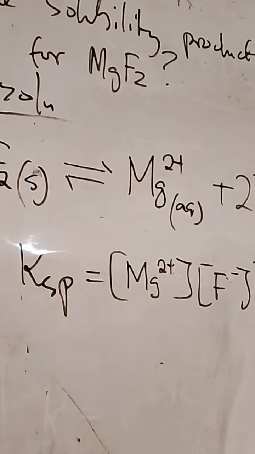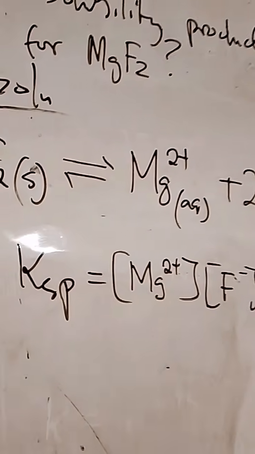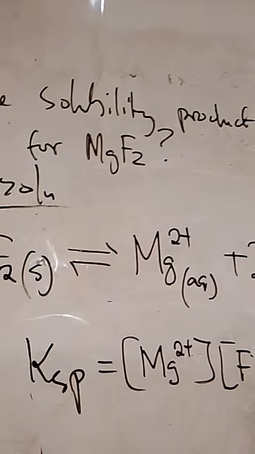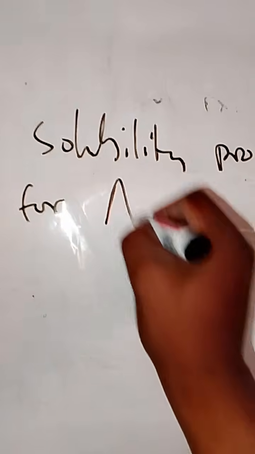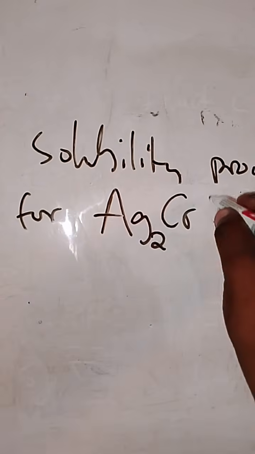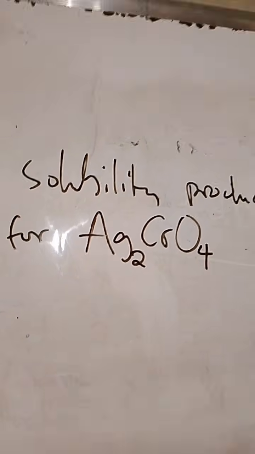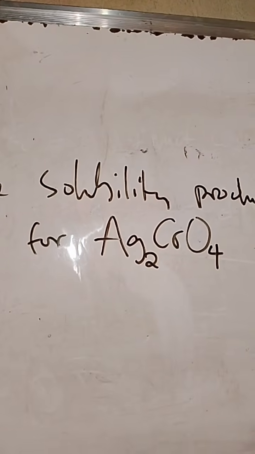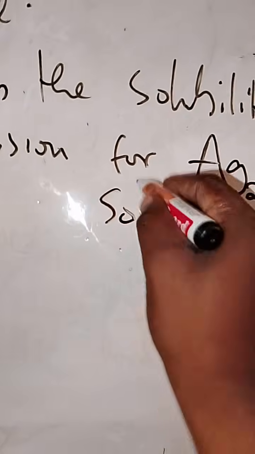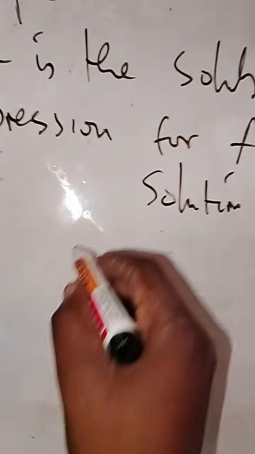Okay, so we can have another example. We just change the salt here. Same question: what is the solubility product constant expression for silver dichromate? Let's dissociate the salt.